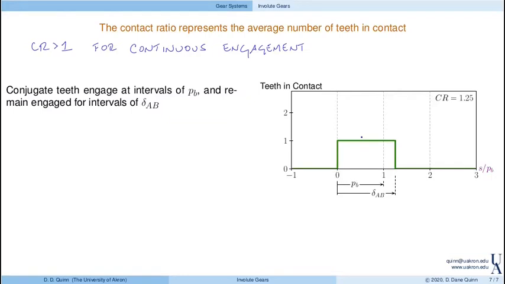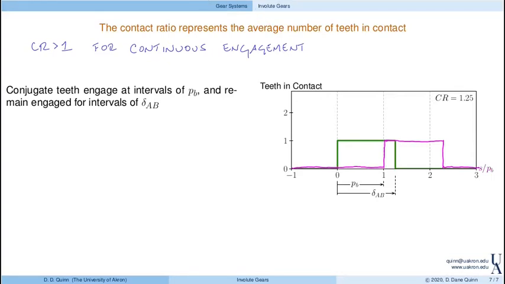However, at this next interval of the base pitch, there's actually another set of teeth that come into contact, right? So that set of teeth are not going to be in contact for a while. And then here, they're actually going to be in contact, and they're going to stay in contact for 1.25 times the base pitch.